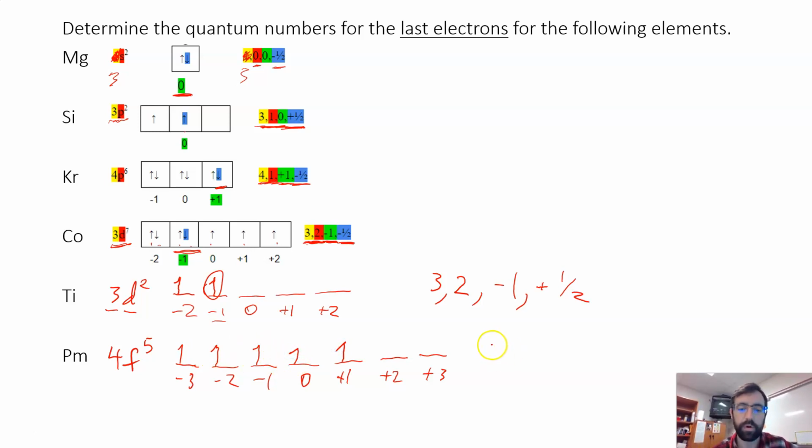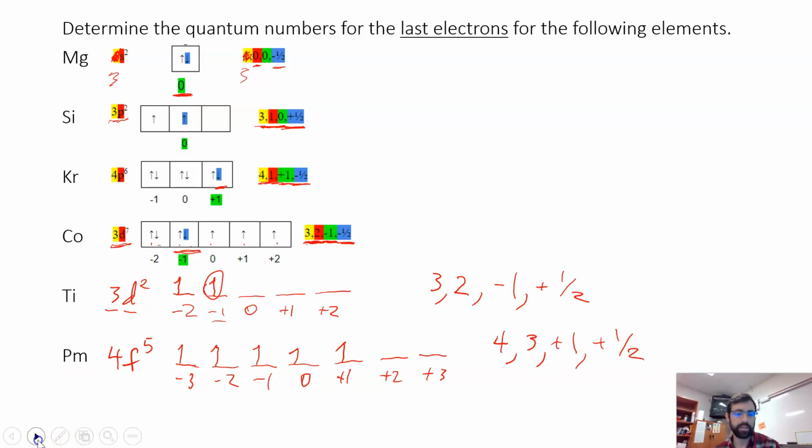So I have 4 as my first quantum number, the energy level. F is 3, so S is 0, P is 1, D is 2, and F is 3. So 4, 3, and then +1, and it's +1/2 because it's an up arrow.